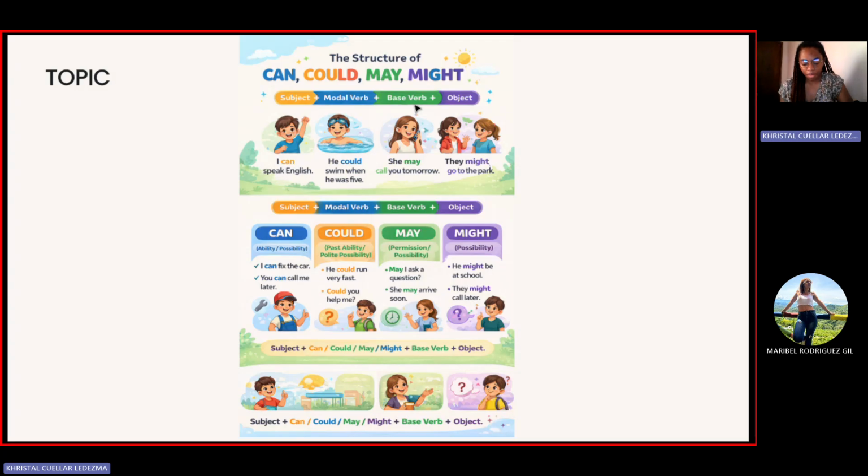May. Now we have the verb may. May is to talk about permission and possibility. We have these examples. May I ask a question? This is permission. May is a very respectful word in English.